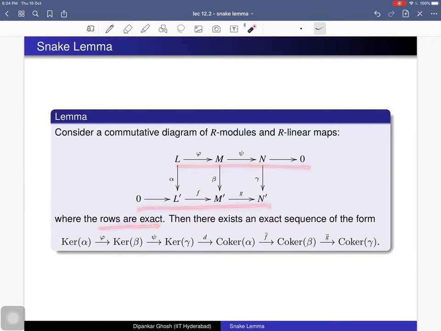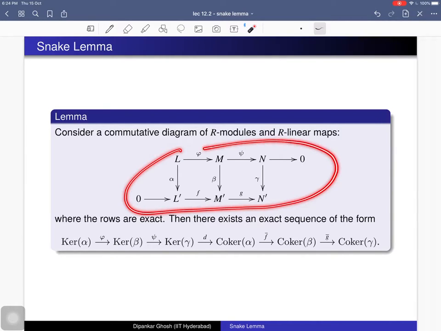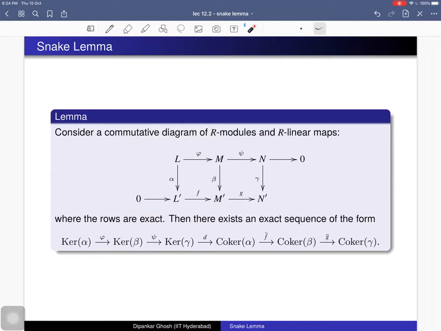Rows are exact, and we have this collection of morphisms so that this diagram is commutative. So, you come this way or you come this way, both are the same. Then this lemma says that this commutative diagram induces an exact sequence like this.